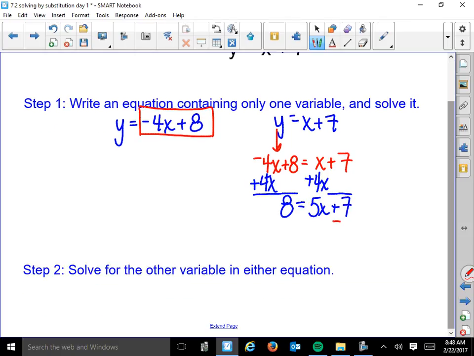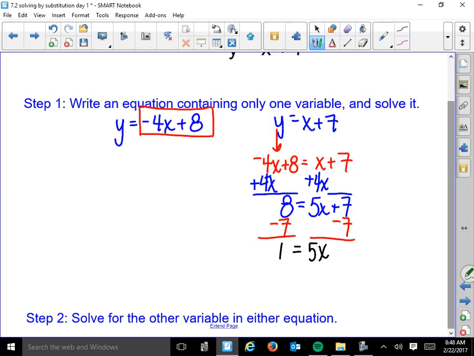I'm going to subtract 7 from each side. So 5x equals 1. When we solve for x, we need to divide each side by 5. So our answer is x equals 1/5, or as a decimal, that is 0.2.